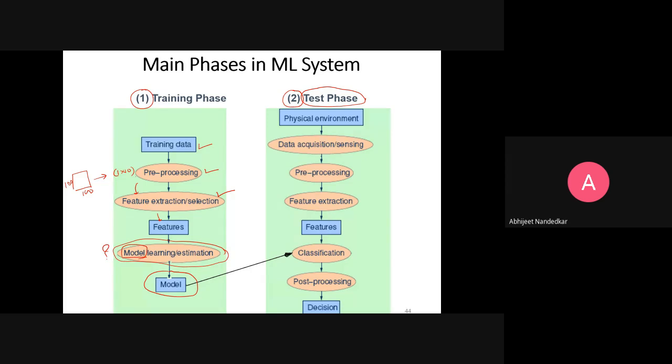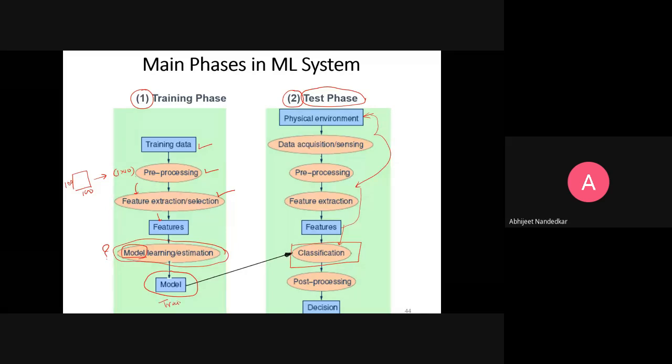Depending on the situation, you get some new data here. Again, you do the same pre-processing steps and extract features, and those features then go to a classification box, or become the input to the given model. This is a trained model.